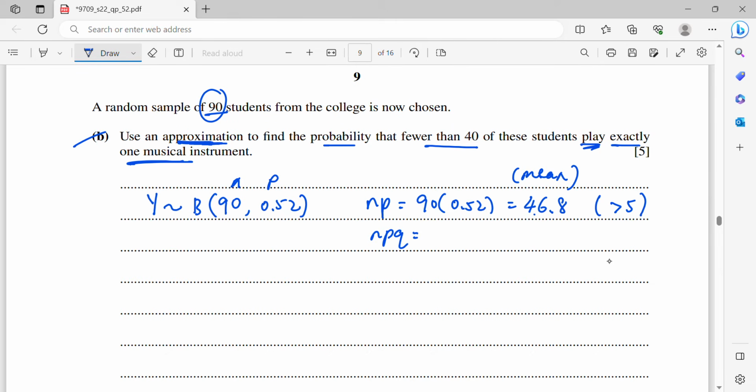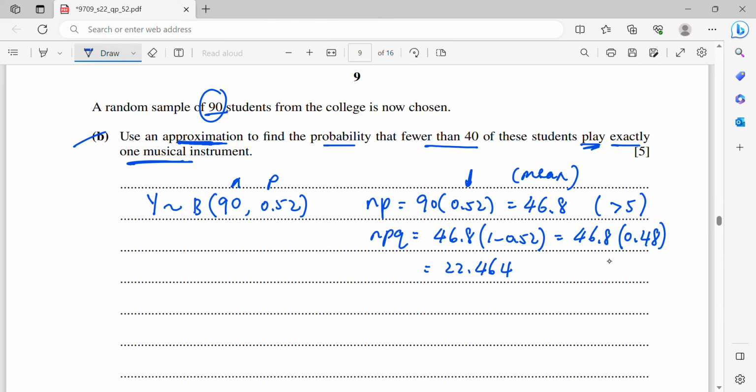So you take 46.8, which is the np, multiplied by q, which is 1 minus 0.52. Then you will be getting 46.8 multiplied by 0.48, and the variance is 22.464. I give more decimal places because this is not yet the final answer, it's just working.